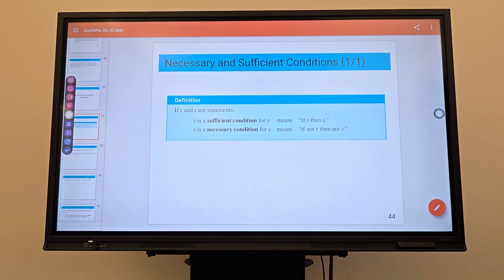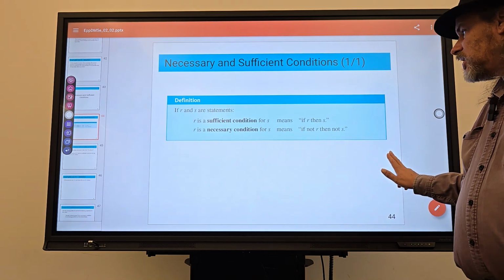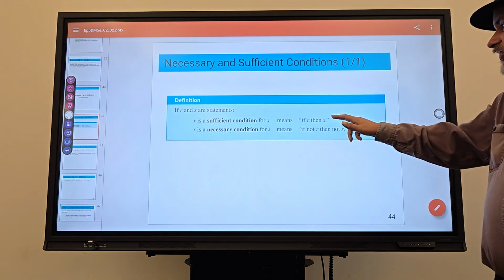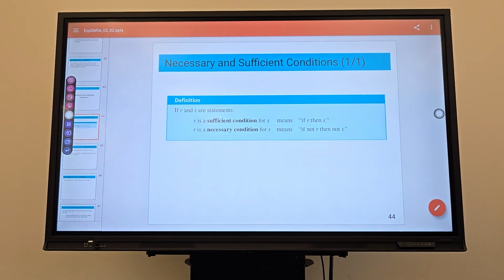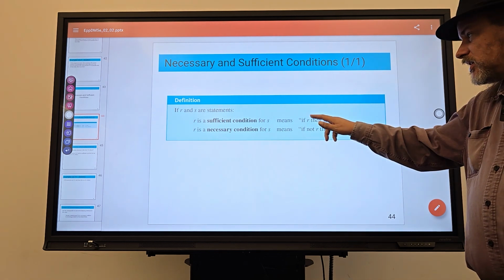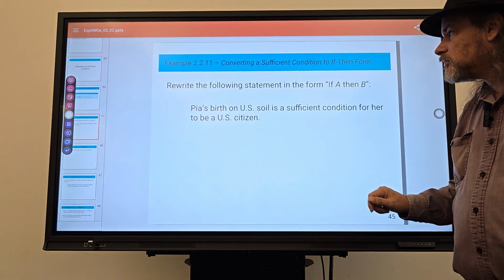R is a sufficient condition for S. If R is not true, then S is not true. That means R is a necessary condition for S. This is the inverse of this, right? The inverse, they are not necessarily the same.